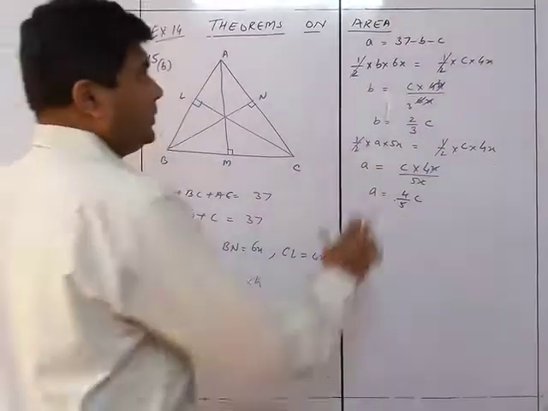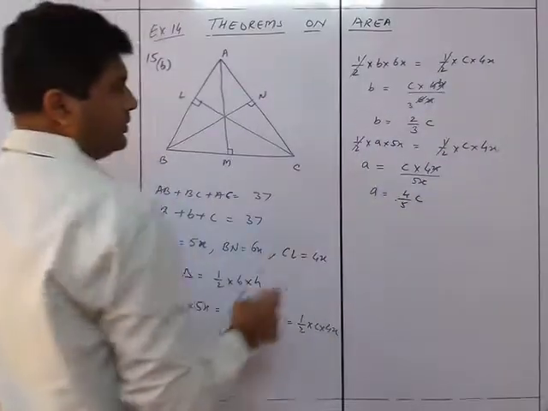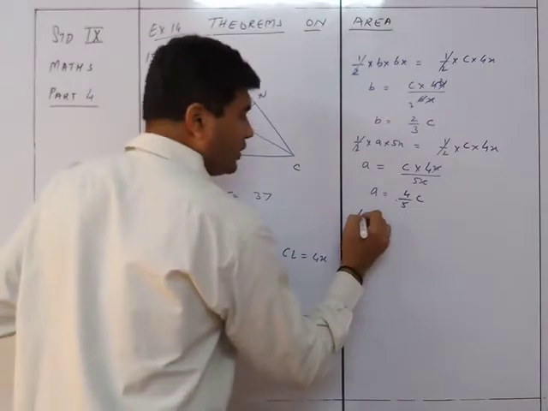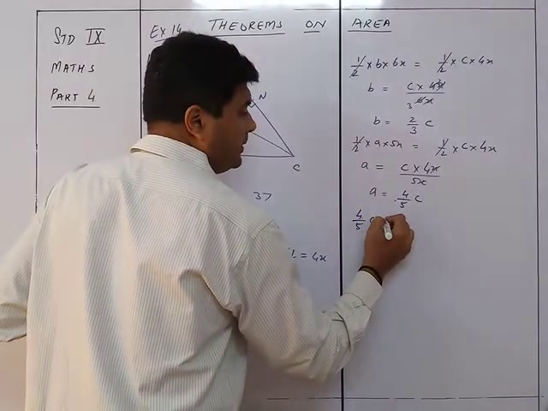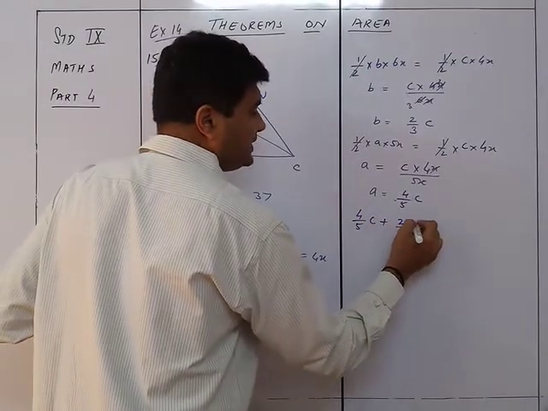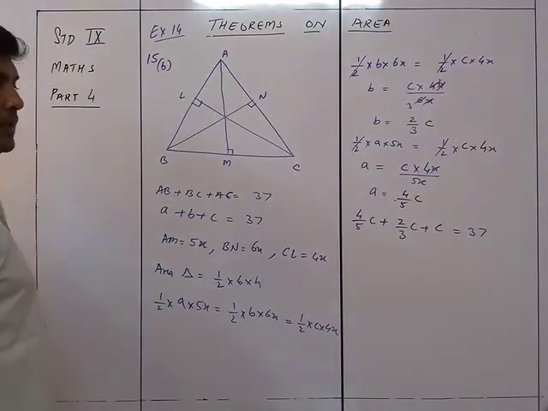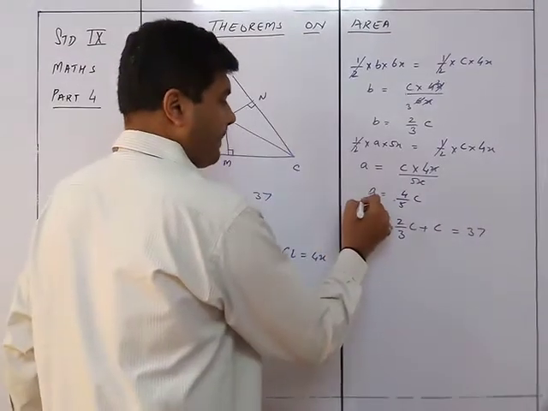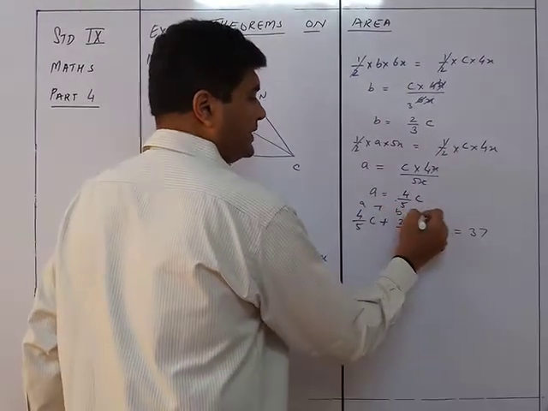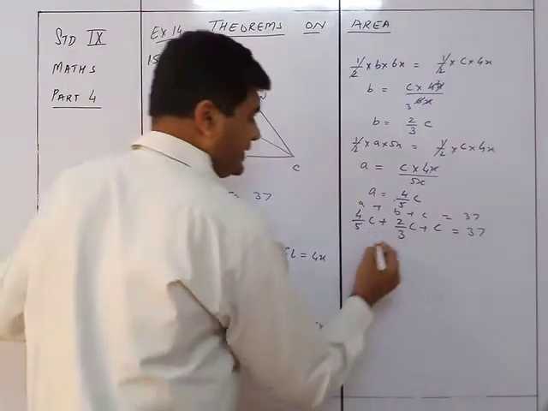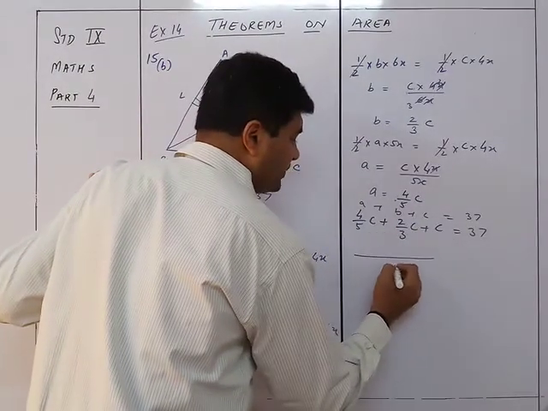So we know here this is not required. We know here that A plus B plus C is 37. So it is 4 upon 5 C plus 2 upon 3 C plus C is 37. Because A plus B plus C is equal to 37. Accordingly, the LCM will be over here as 15.